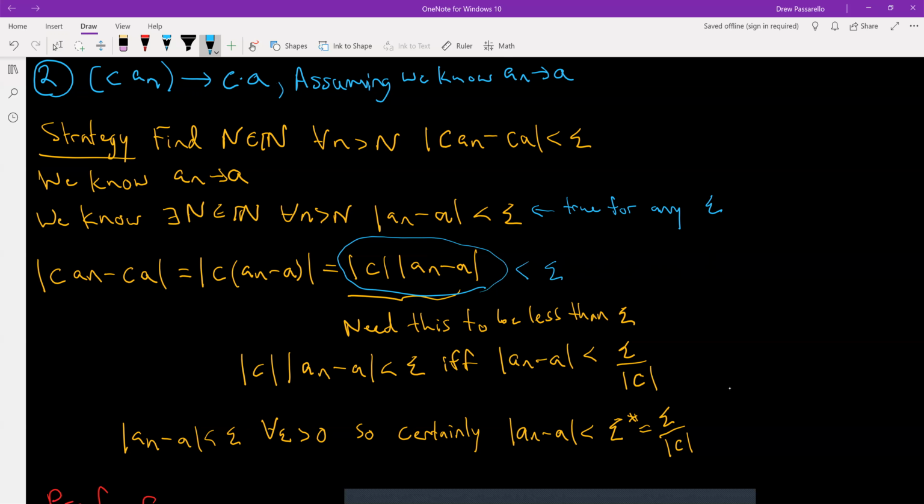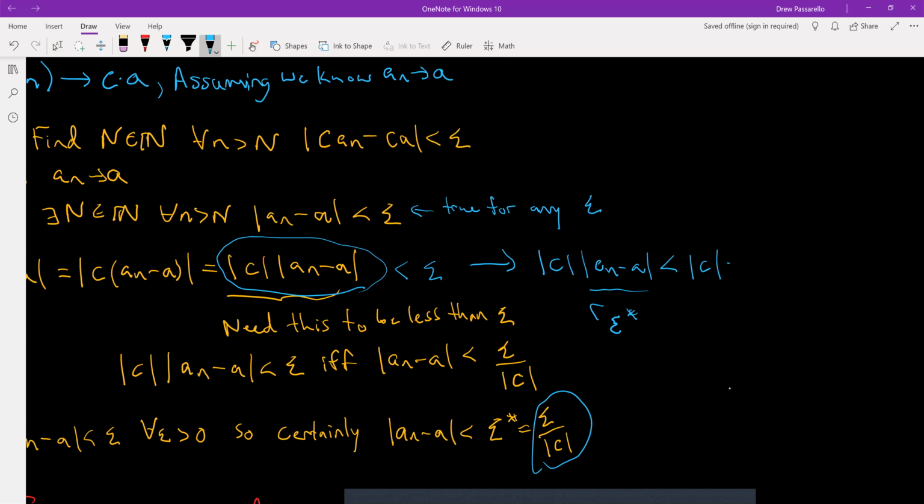That way, we'll have the absolute value of C times |a_n minus A| less than the absolute value of C times epsilon star, and epsilon star is epsilon over the absolute value of C. So it's the absolute value of C times epsilon over the absolute value of C. The absolute values divide each other out, which gives us epsilon.